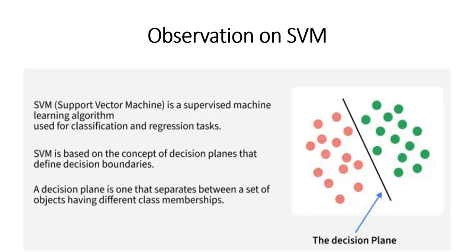Now some advantages and applications of support vector machine. A few advantages of SVM are: number one, works well with small datasets. Number two, provides high accuracy. Number three, handles high dimensional data efficiently.